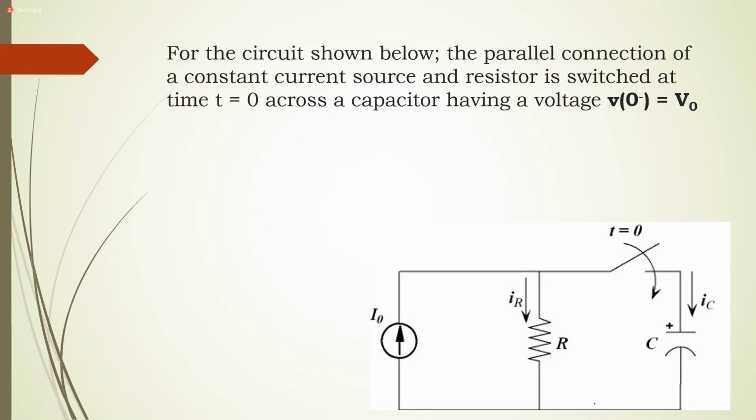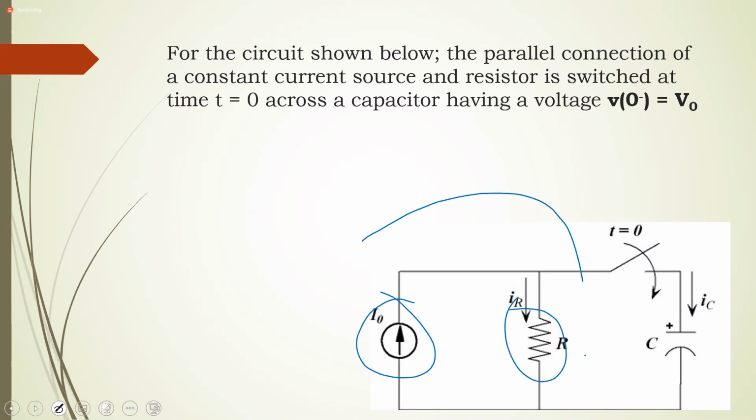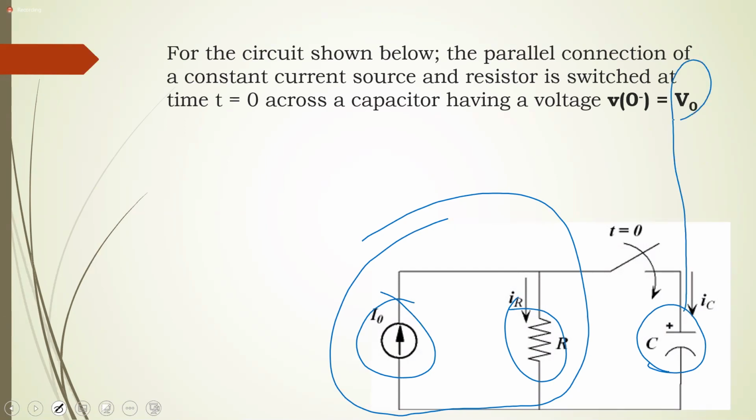So let's make sure we understand this. Here's my current source. Here's my resistor. This is the parallel combination we're talking about. This capacitor was already charged, and it was charged up to a voltage V0.